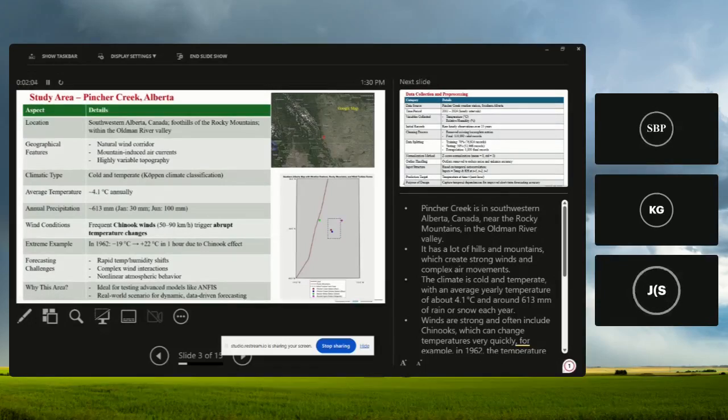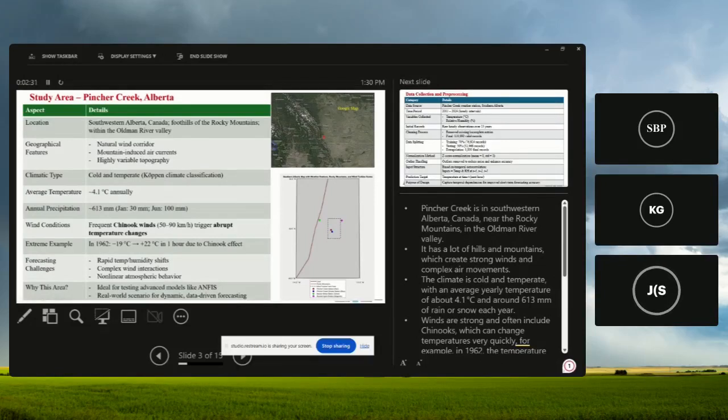Excuse me, and these are the graphs that I drew for that special area. You can see the Pincher Creek station, the Pincher Creek climatology station, the Brocket, and the Beaver Mines. It is very interesting that in Beaver Mines we had many points compared to Pincher Creek.